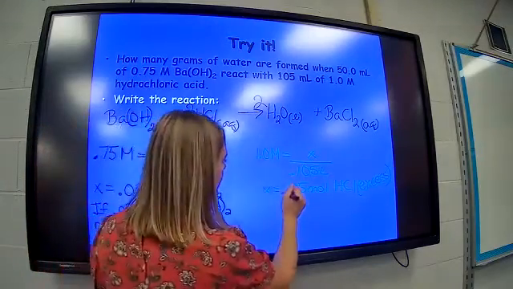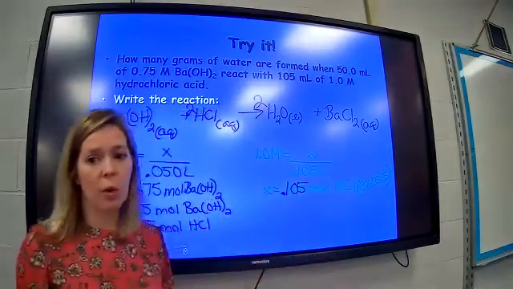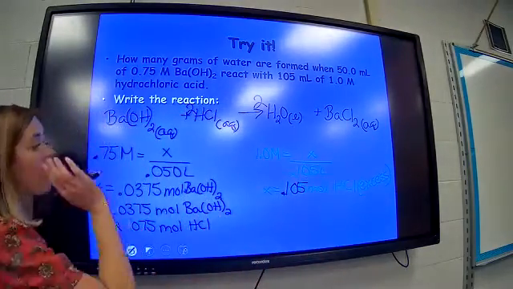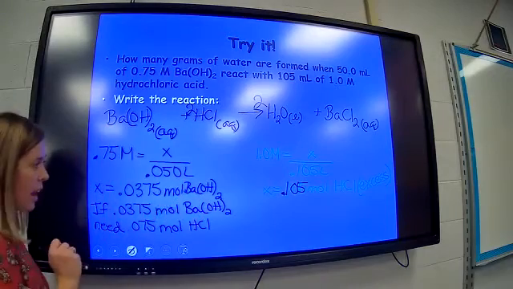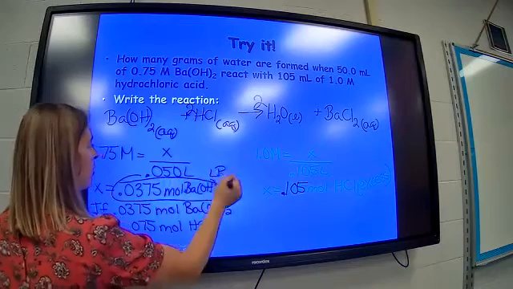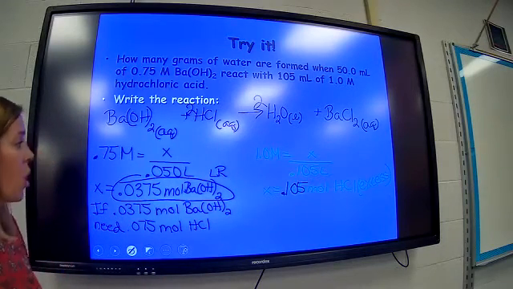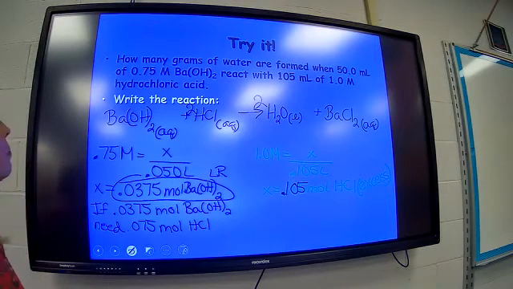I have 0.105 moles of HCl. So I have way more HCl than I need. So barium hydroxide is my limiting reactant and what the rest of my reaction is going to be based upon.